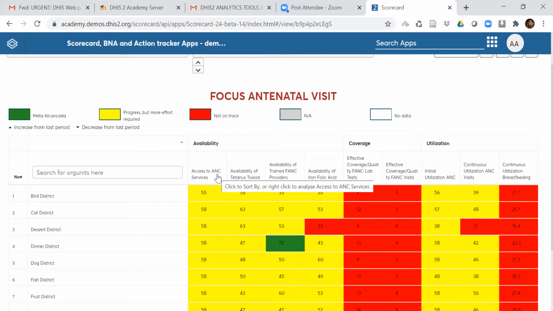Those contributory indicators you can group as related indicators. Can somebody tell me how you know that this access to ANC services has related indicators? Of course, here it doesn't have, but if it has, how do you know? Can somebody tell me? One method, we can go to edit and see the related indicators.